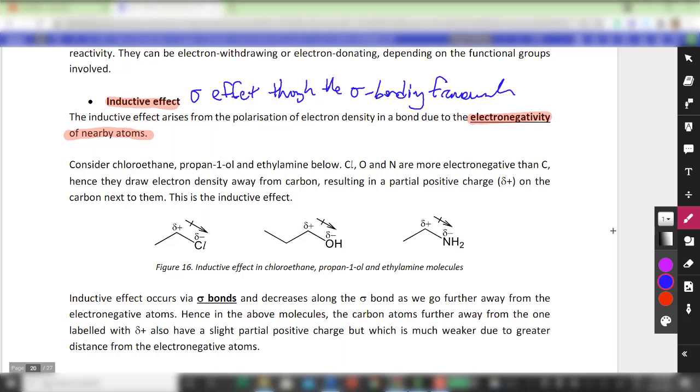Inductive effect usually cannot be induced over a long distance. So if let's say there's OH here, the inductive effect is mostly felt at this carbon, a little bit by this carbon, but this third carbon, I would say, is almost as good as not present.